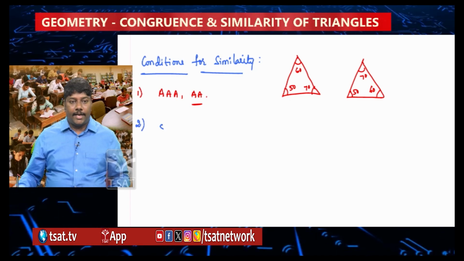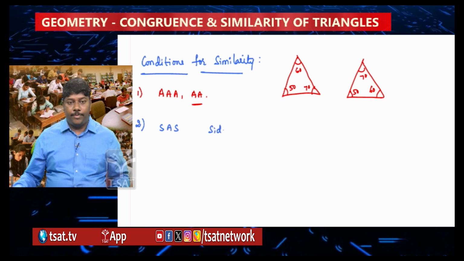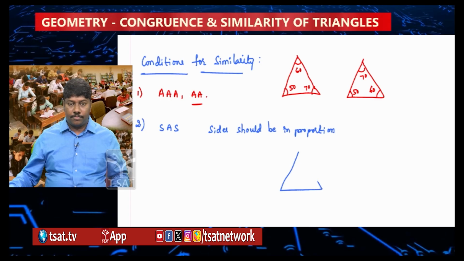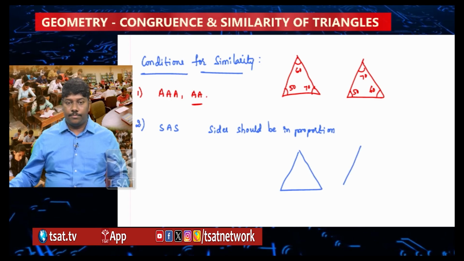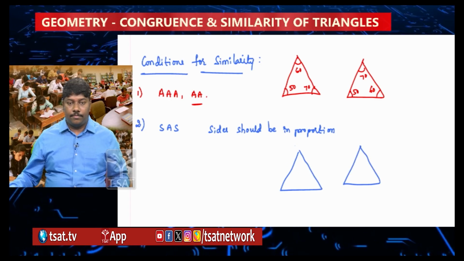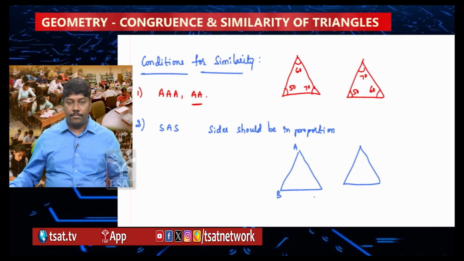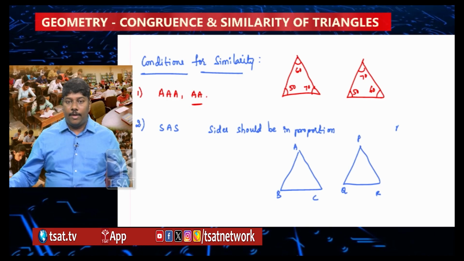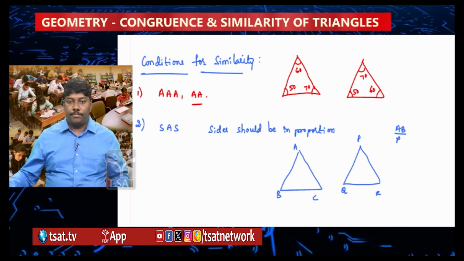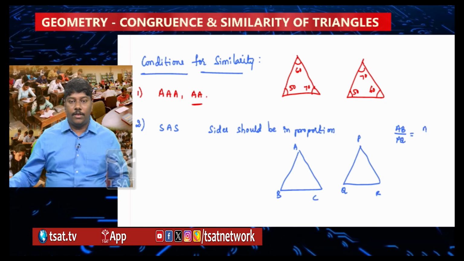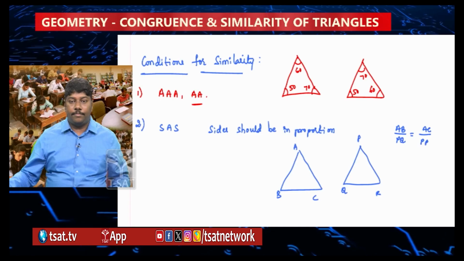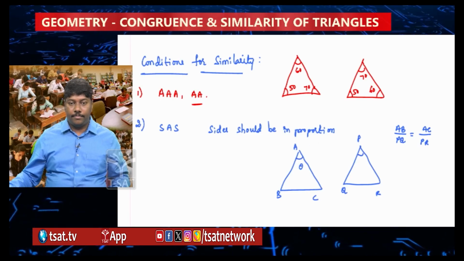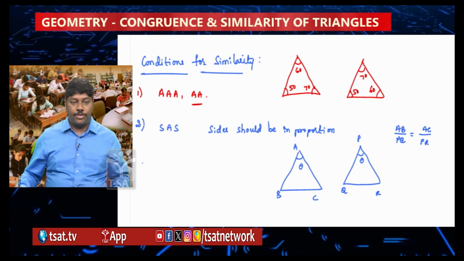The second condition is side, angle, side. Sides should be in proportion and the angle should be equal. I mean to say, if I take ABC and PQR, AB by PQ, proportion means their ratio must be equal, AC by PR, and angle A should be equal to angle P. The third one is SSS.